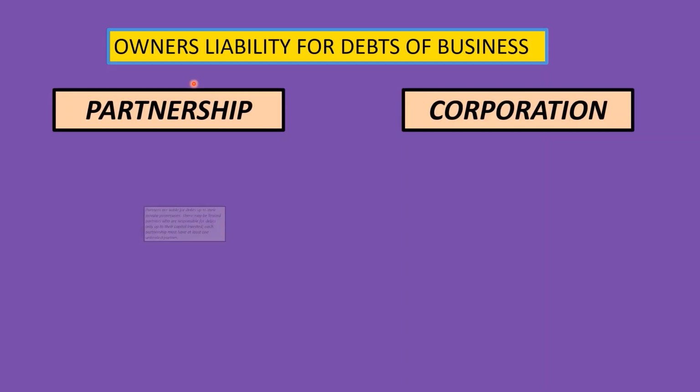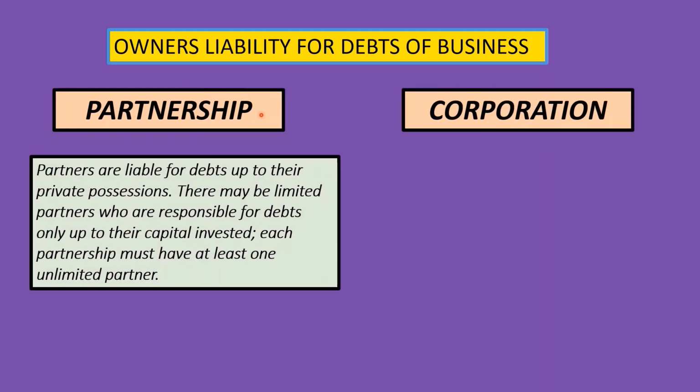In a partnership, partners are liable for debts up to their private possessions. There may be limited partners who are responsible for debts only up to their capital invested. However, each partnership must have at least one unlimited partner. But in general, the partners are liable for debts up to their private possessions.